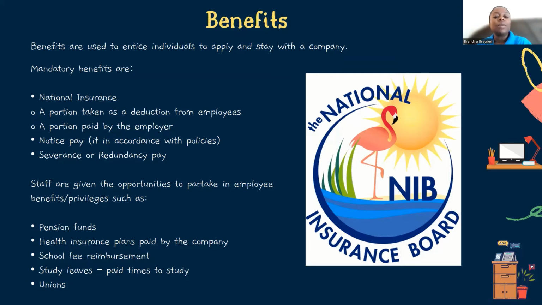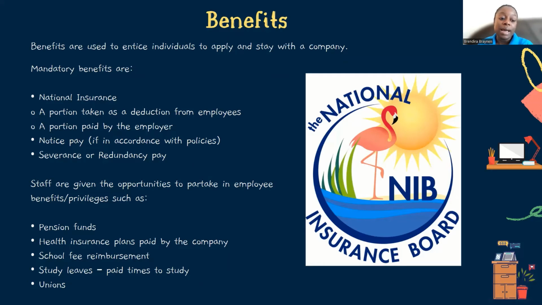Staff are also given the opportunity to partake in employee benefits or privileges that are outside of those regular ones. And they could be things like a pension fund that pays you funds after you retire, health insurance plans. Some companies pay for insurance for their employees, because insurance is pretty expensive. You have things like school fee reimbursement.